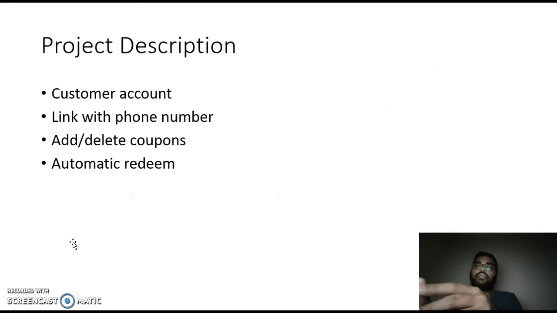So to discuss further the project description, this explains what the steps involved in this project are, and then it shows our aim to automate the coupon system, where we are trying to digitalize the coupon system from the paper-based system.